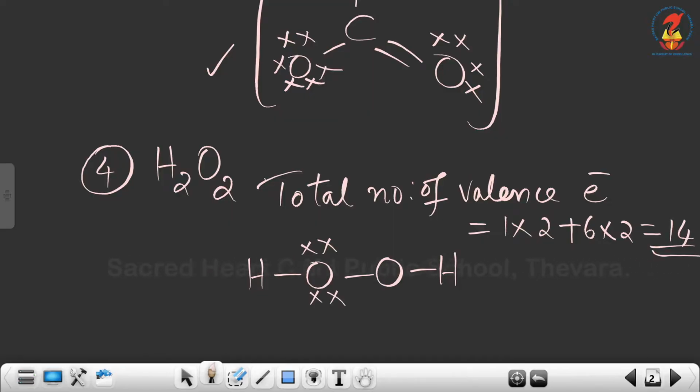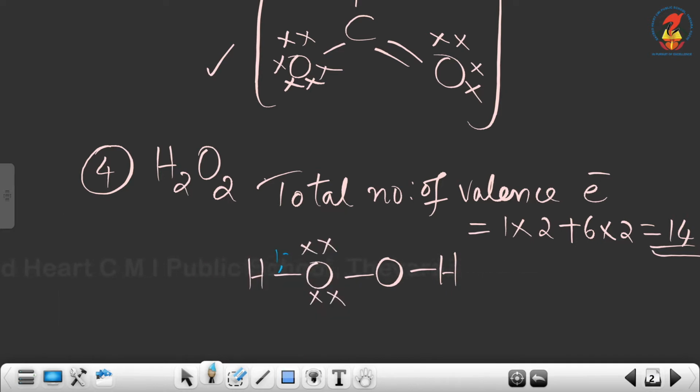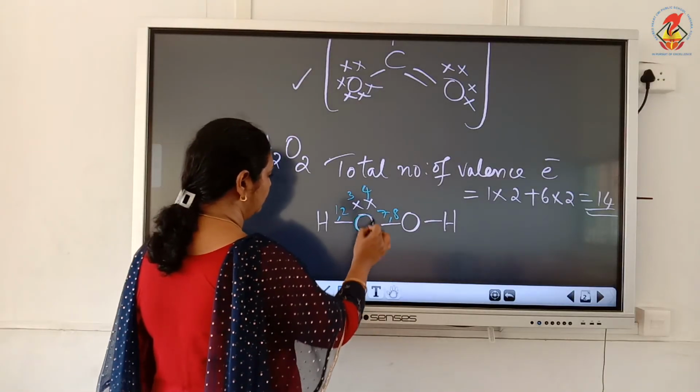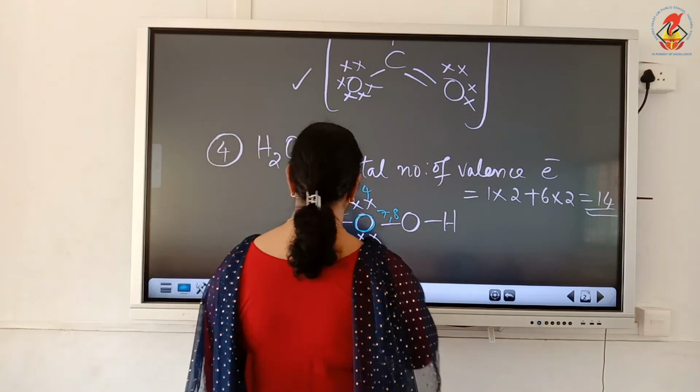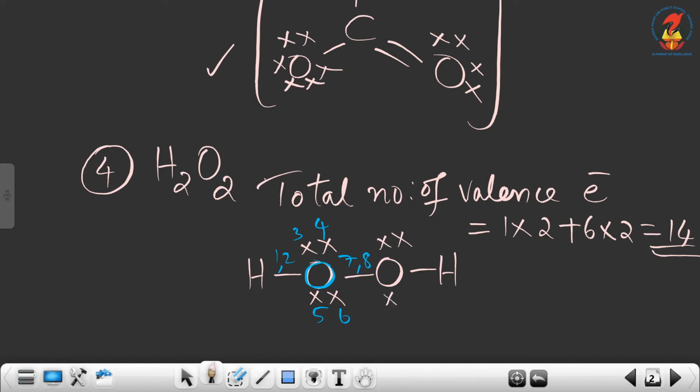Now look at this oxygen. Its octet is complete. If you count the number of electrons, 1, 2, 3, 4, 5, 6, 7, 8. 8 electrons for this oxygen. Now complete the octet around this oxygen. So 1, 2, 3, 4. Now if you look at this oxygen, its octet is complete.